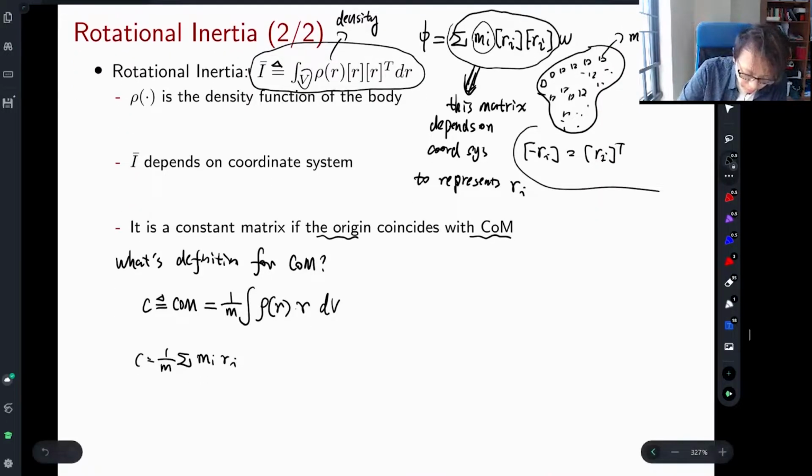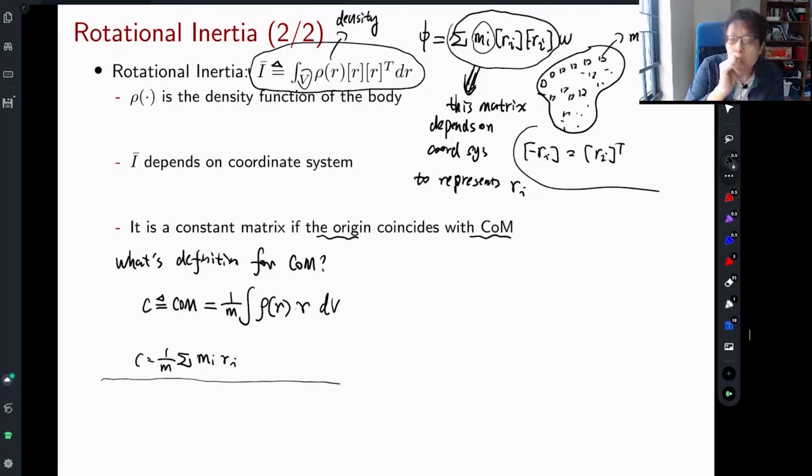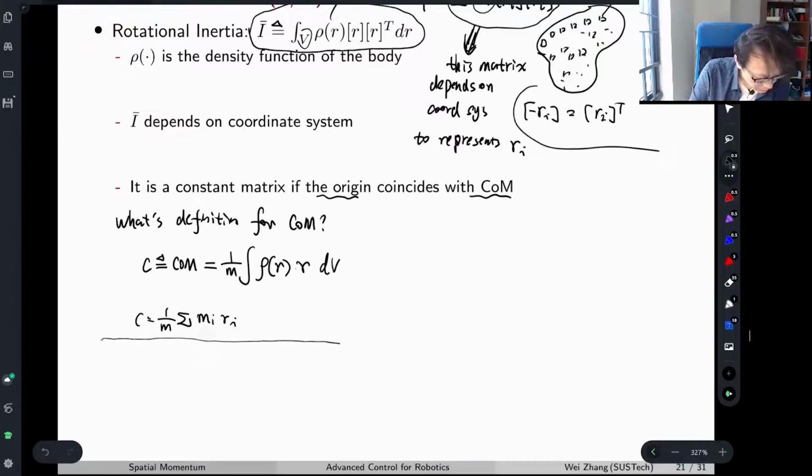Based on this definition, if I choose the origin of the coordinate system to be at the center of mass, then we can get the following. Let's say C is the COM.